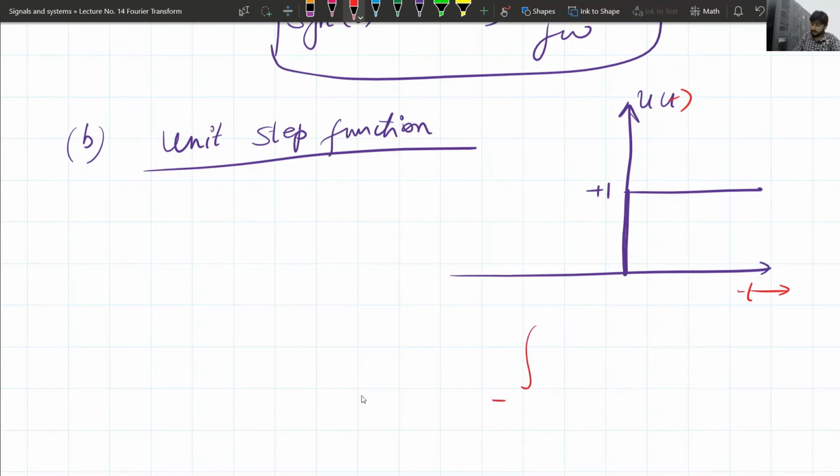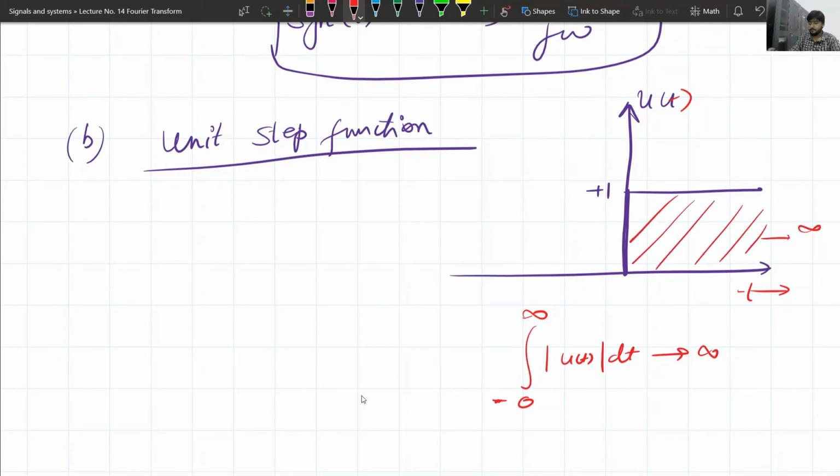We take the integration, since this is a right-handed system, 0 to infinity, mod of u(t) dt. It will tend towards infinity because u(t) will be integrated infinitely to infinity. This also does not converge.